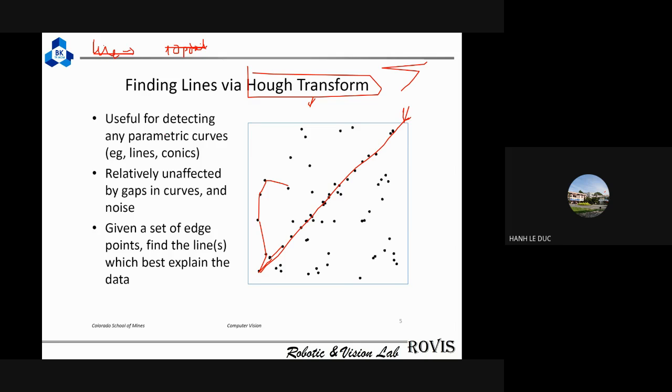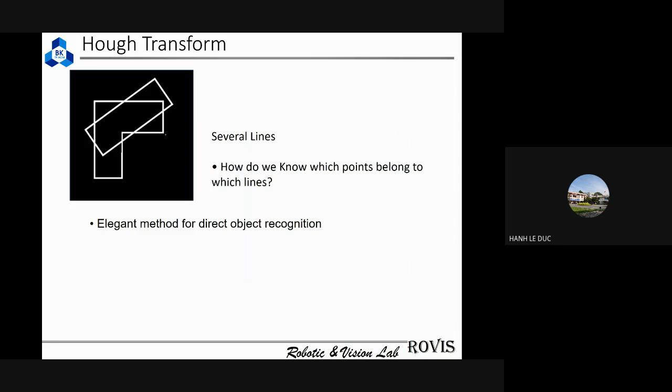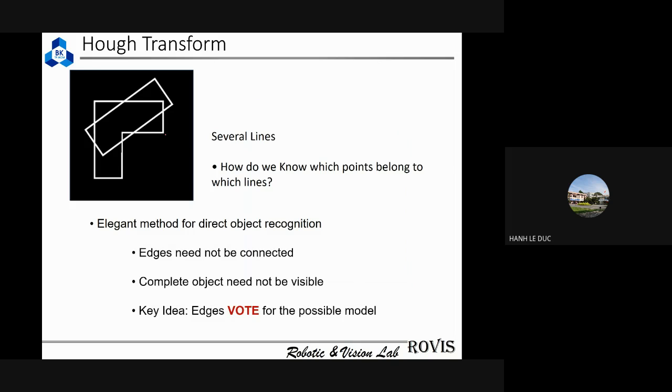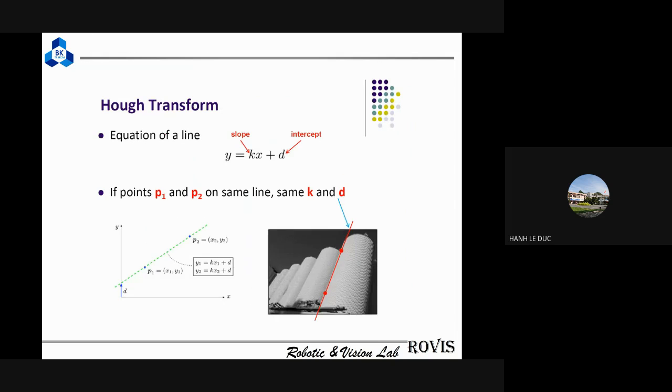Okay, so let's see what the Hough transform formula is. How can it do it? Let's go back to the mathematics first. This is the mathematics of the straight line, a very common equation, right?